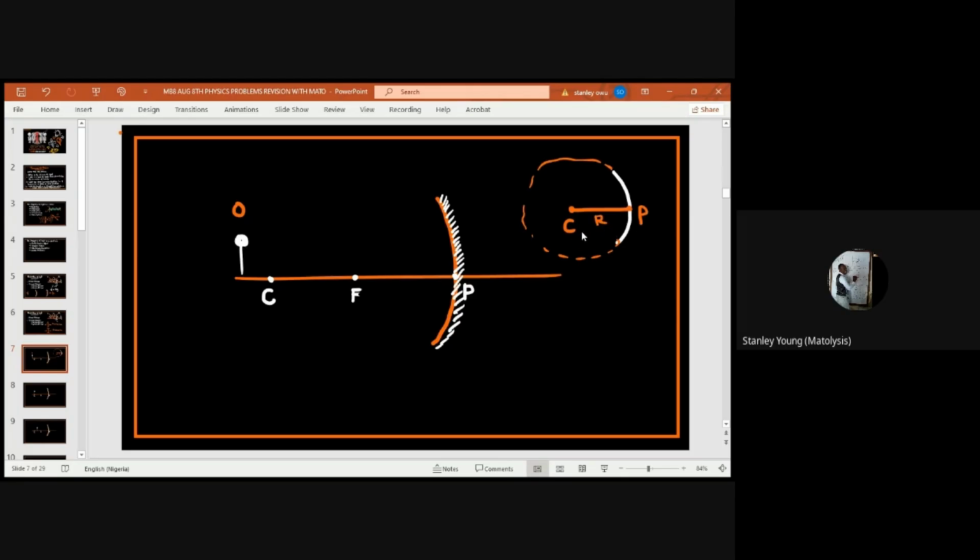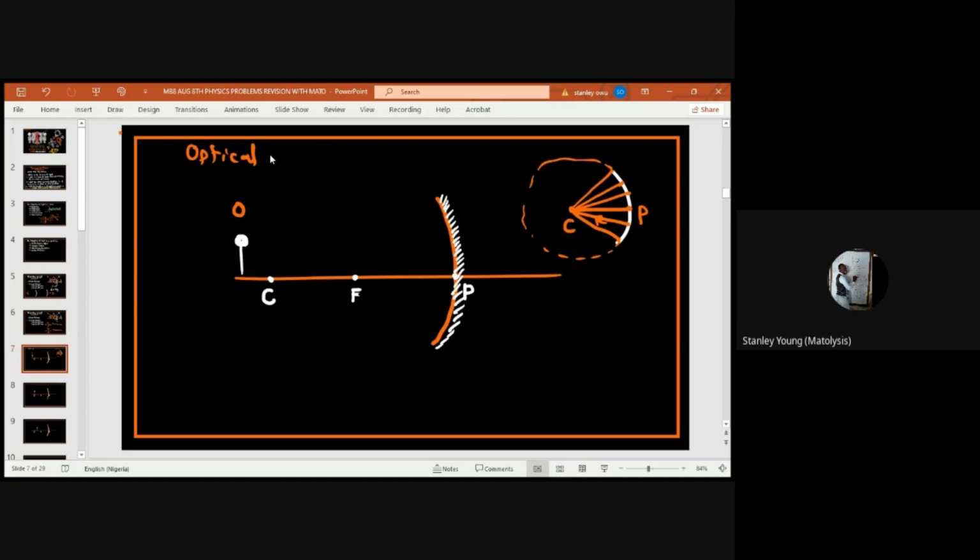It is not restricted to center of curvature and pole. It also extends to any line you draw from the center of curvature to the mirror, which is the radius of curvature.